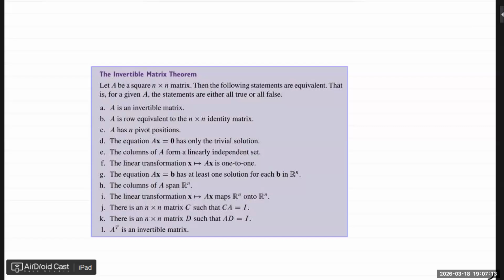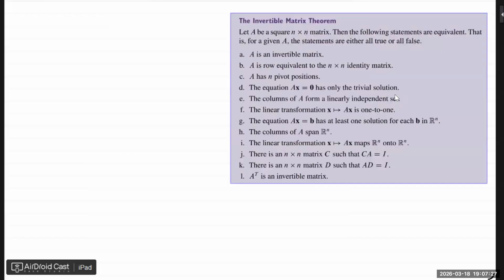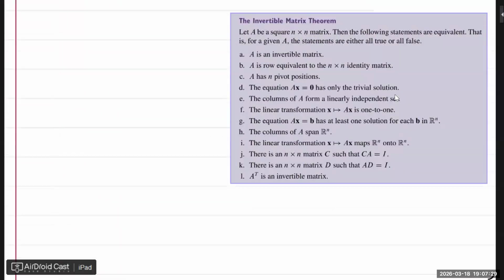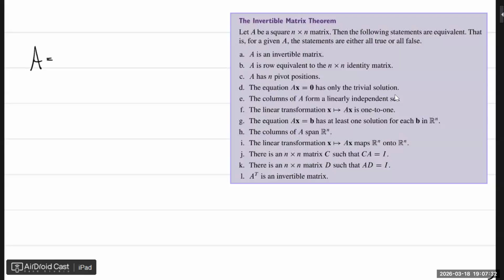They can ask us, is the following an invertible matrix or not? And show that. So let's take this one here, for instance. They give us A. They say A is 1, 2, -1, 2, 4, 7, -2, -4, 1. And then they ask us, is this invertible or not?